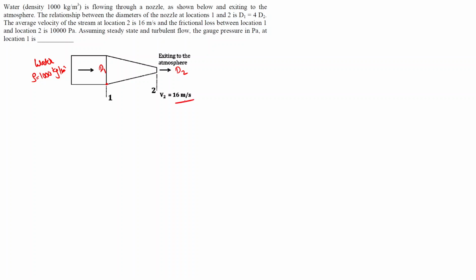That has been given. And the friction loss between location 1 and location 2 is 1000 Pascal. So friction loss, we can write it as 1000 Pascal between 1 and 2. So we have been given a turbulent flow and have been asked to find the gauge pressure at location 1.